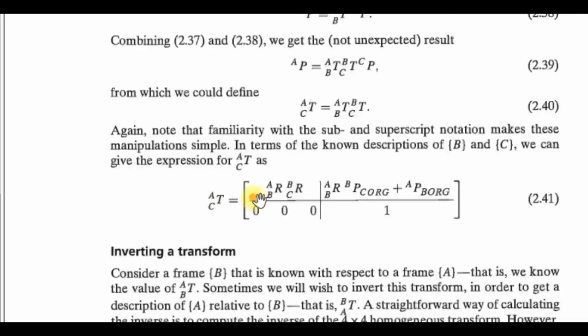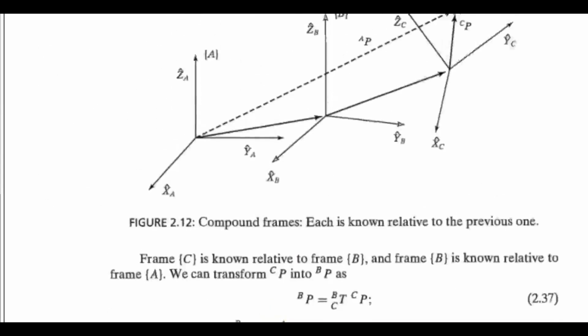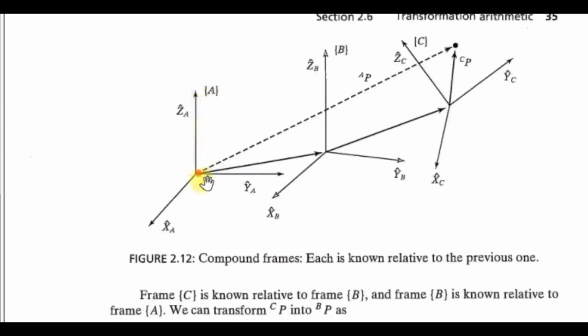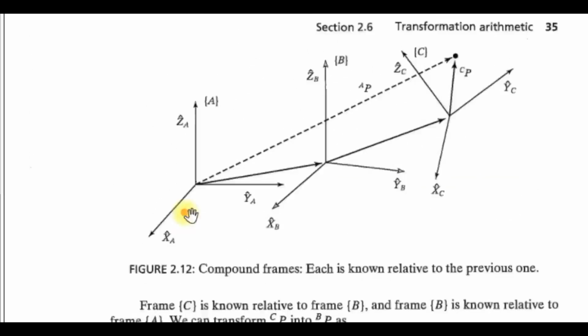So there are two frame changes. Yes or not? One change from this to this, then this to this. Two frame changes means there may be a rotation here or another rotation here.